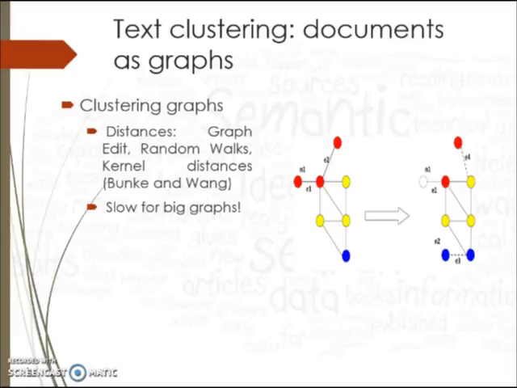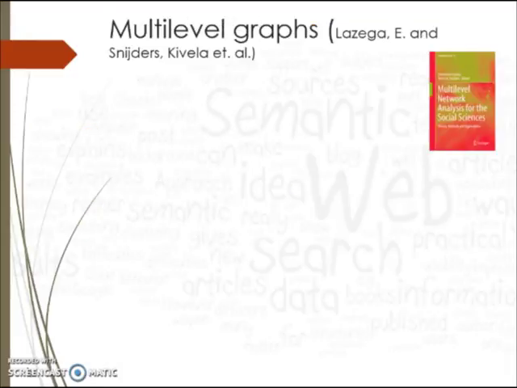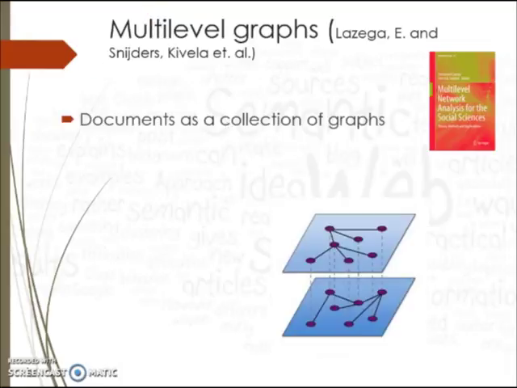And we're talking about text, which is related to maybe thousands of words in this sparse representation, and so this can be slow. But also in our context, we have the extra problem: we have many graphs because we're dealing with many documents. So we're going to talk about multi-level graphs, and there are many ways of introducing these concepts. There's a very interesting book from the beginning of this year by Lasega and Schneiders, also the articles by Kibela and other authors.